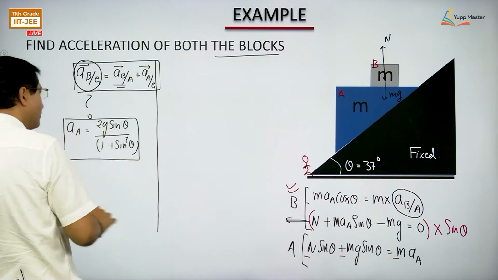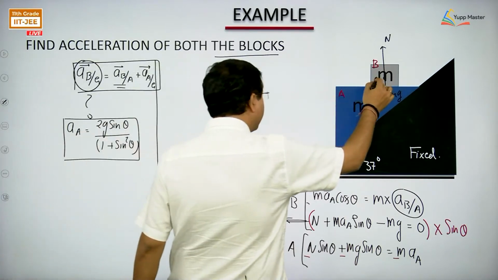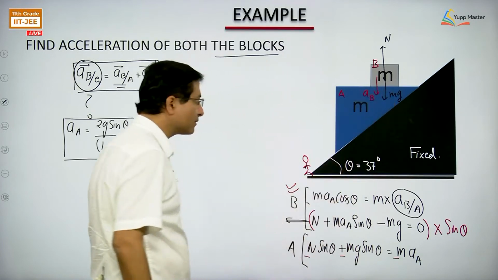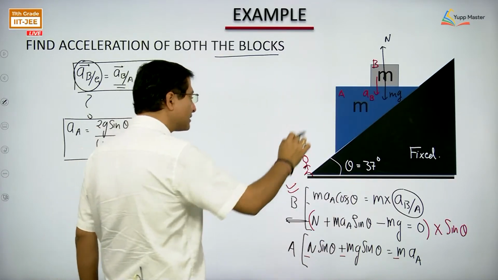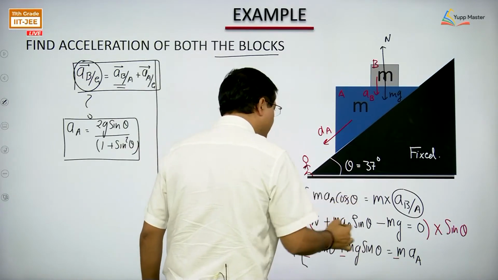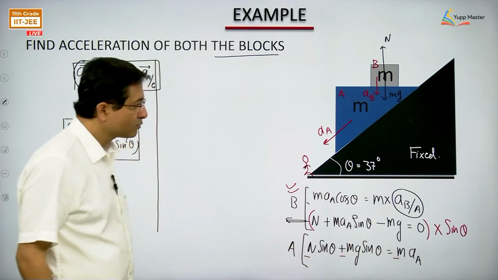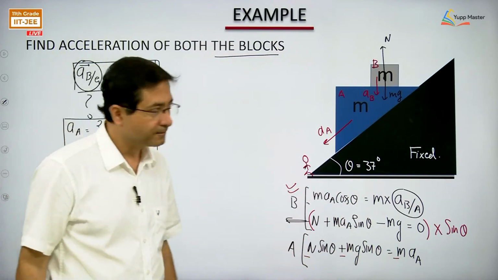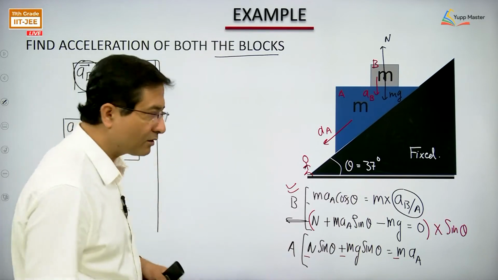So, acceleration of B with respect to ground, let us call it AB, is in the downward direction, and acceleration of A with respect to ground is along the plane, for which I already wrote the equation. So, for B now I have to write the equation. Look at the free body diagram, normal upward, mg downward.